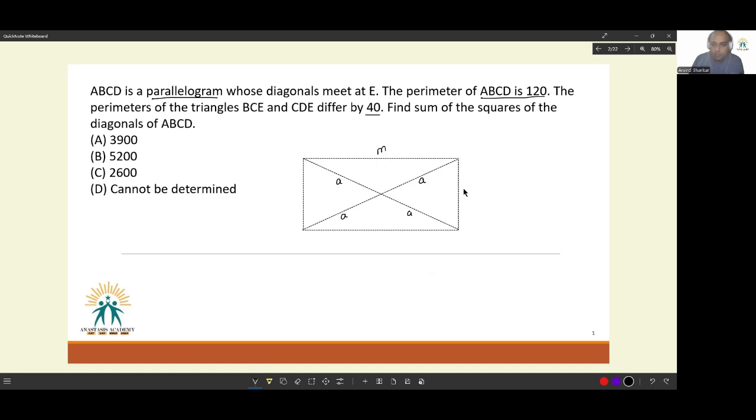If this is M, this is N. Can you see? You would get M plus N is equal to 60. And let's call this A, B, C, and D.